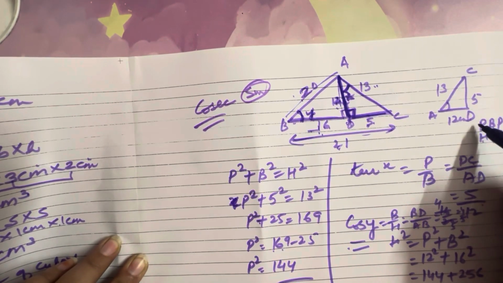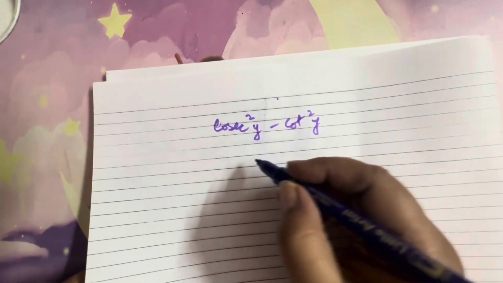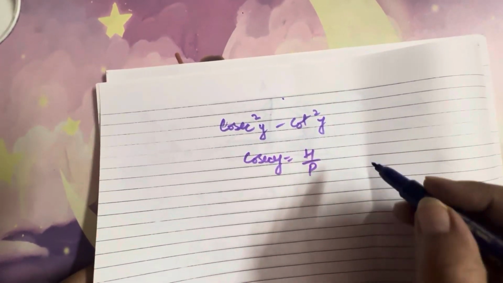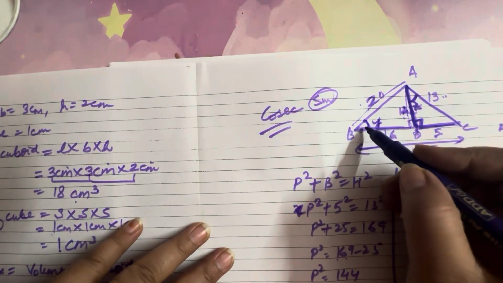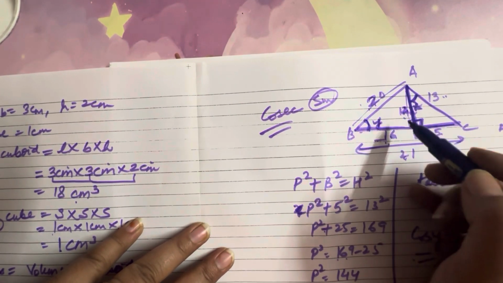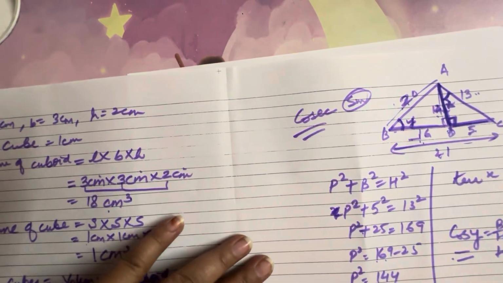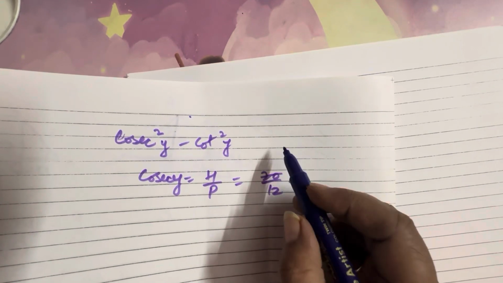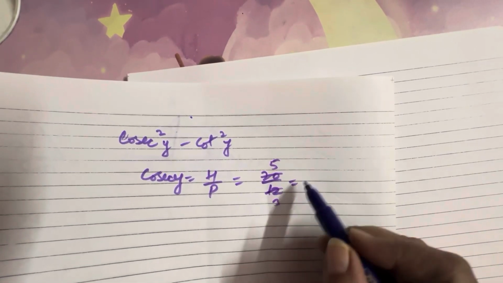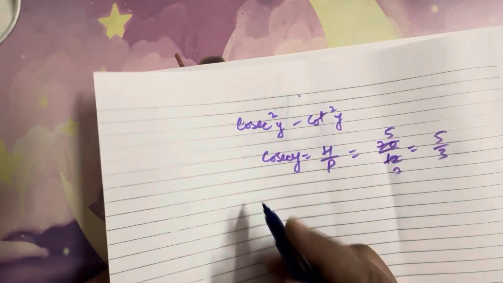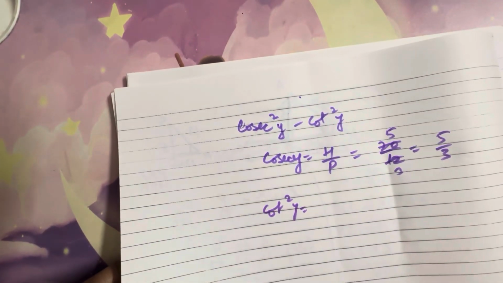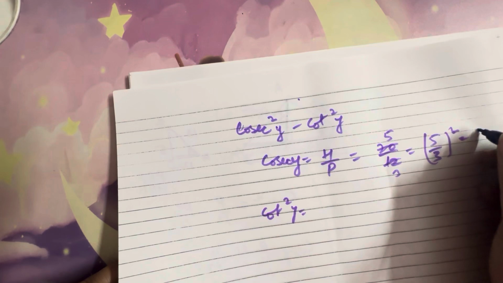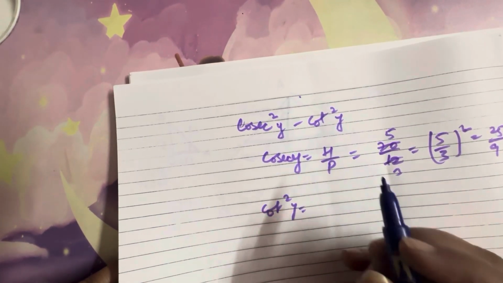So what is the opposite of sine? Cosec y is equal to hypotenuse by perpendicular. Here for cosec y, hypotenuse is 20 and perpendicular is 12. So it will be 20 by 12. We can simplify it. So it will be 5 by 3. And cot square y, sorry, here we have to do square also. So square of this is equals to 25 by 9. Okay.